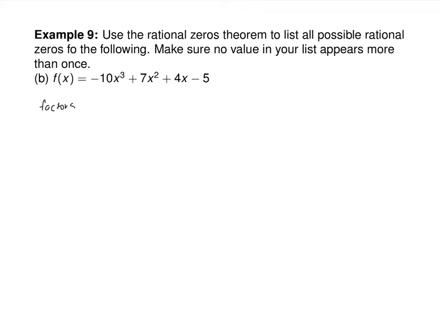So factors of -5 over factors of -10. Does the negativity affect the list? No, it doesn't. So what are the whole number factors of 5? Plus or minus 1, plus or minus 5.